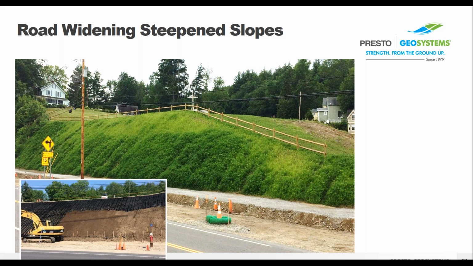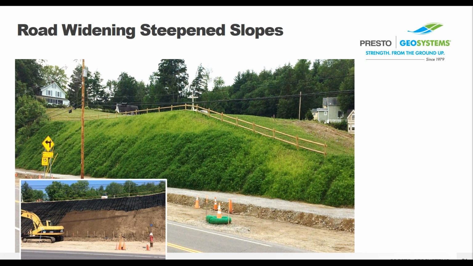Road widening is also becoming a lot more common. The departments of transportation are trying to find more roadway space without displacing structures, people's homes, that sort of thing. So slopes or embankments are usually where that extra space can be found. This was a road widening project in New Hampshire.